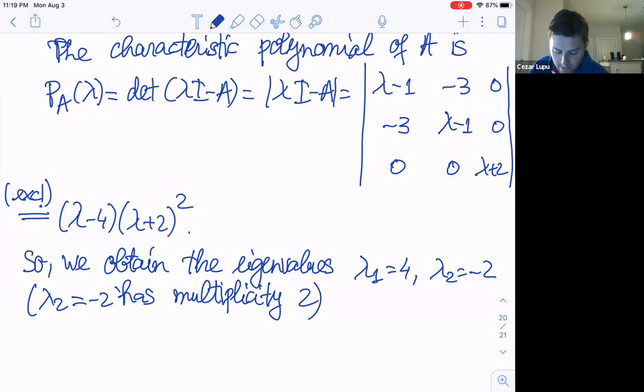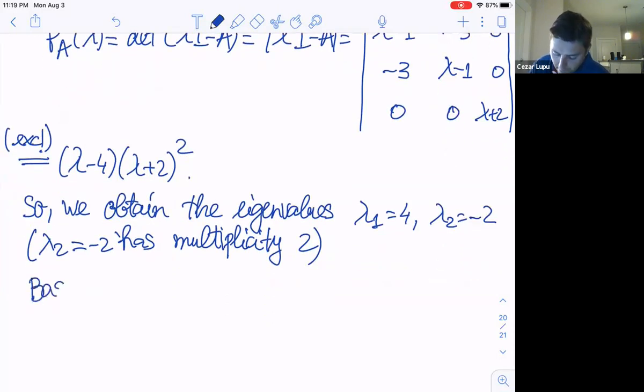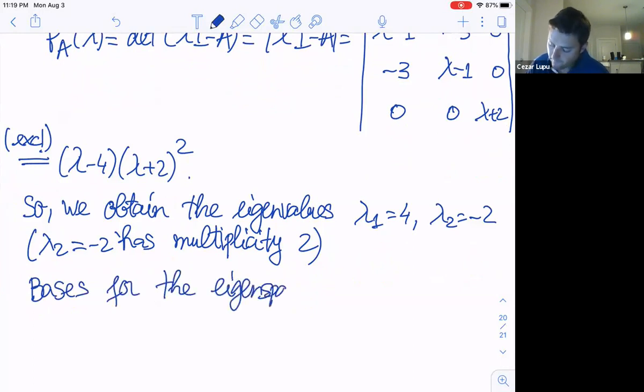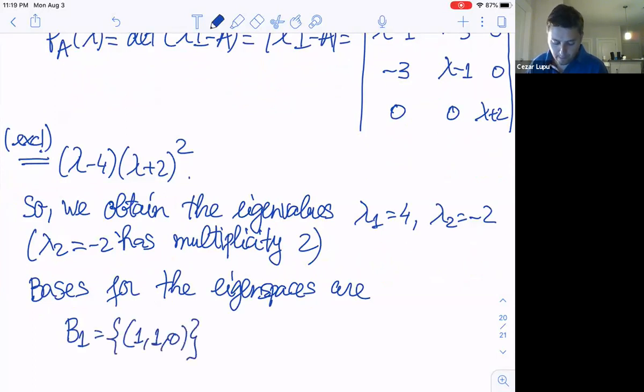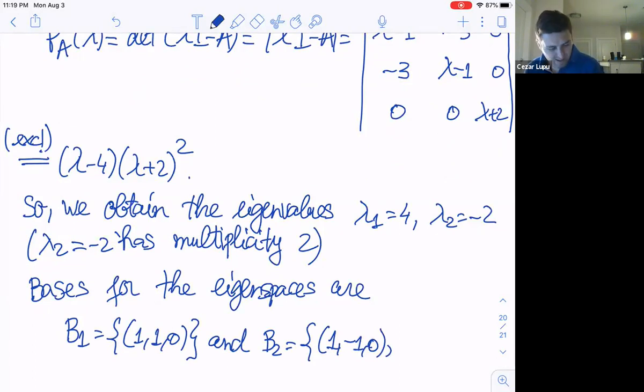And now clearly, bases for the eigenspaces are B1, (1, 1, 0), right? And B2 will be (1, negative 1, 0), and let me see, I think I've done them here.